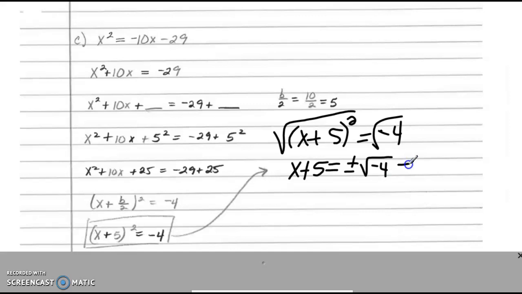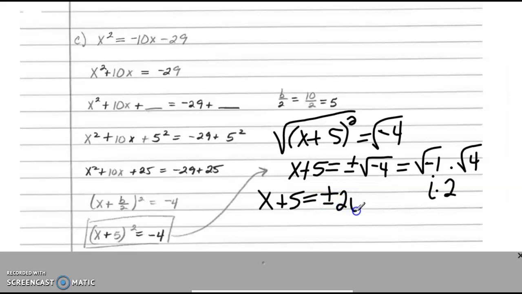And remember, the square root of a negative 4 is the same as the square root of a negative 1 times the square root of 4. And what's the square root of a negative 1? i. And what's the square root of 4? 2. So we have i times 2. I'm going to write that as 2i. So we have x plus 5 equals positive or negative 2i.